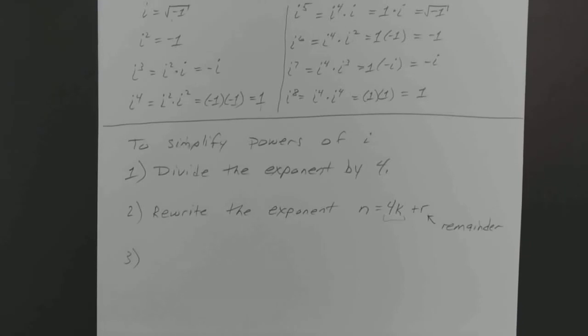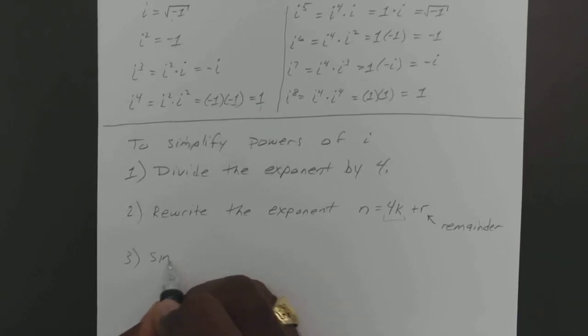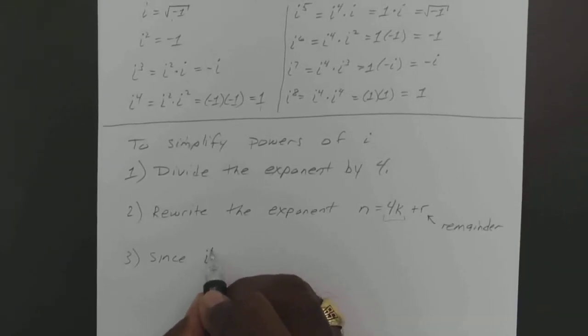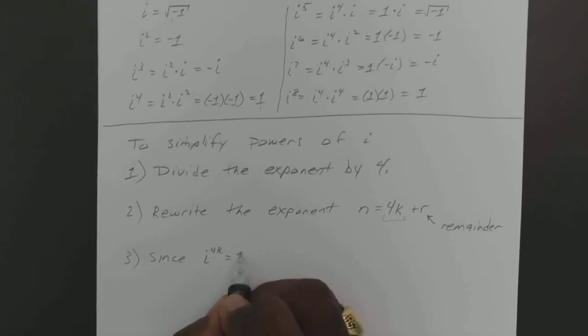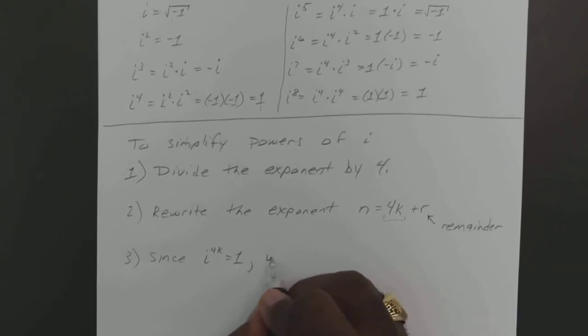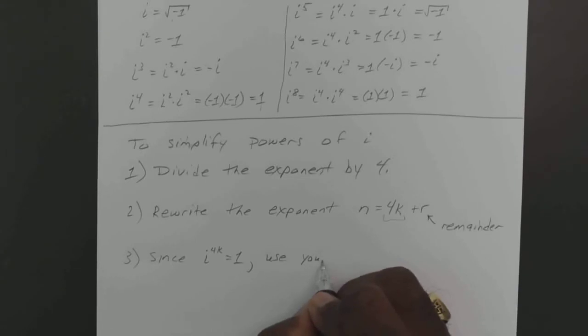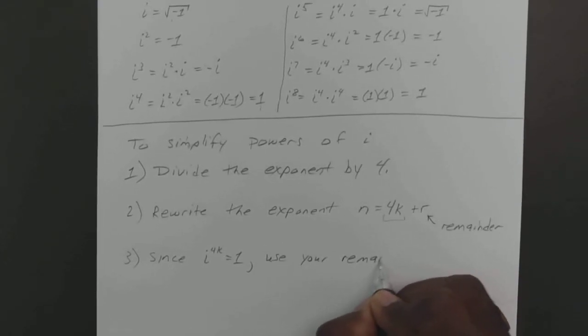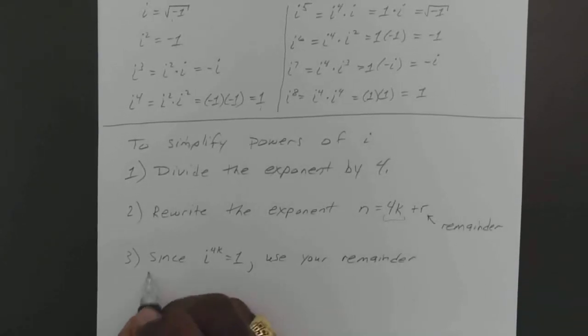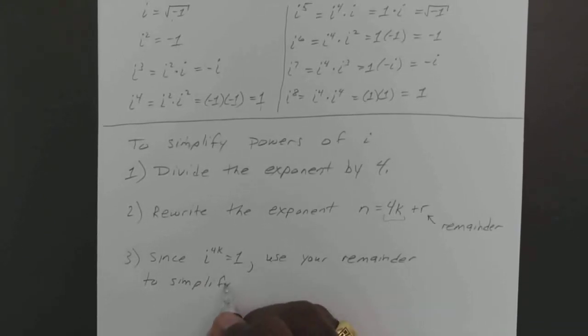Okay, so once you do that, since I to the 4k equals 1, use your remainder to simplify. Okay. And if you did it right, your remainder should be either 1, 2, or 3. Or even 0.